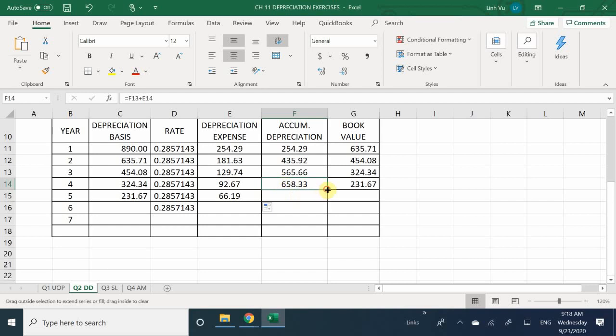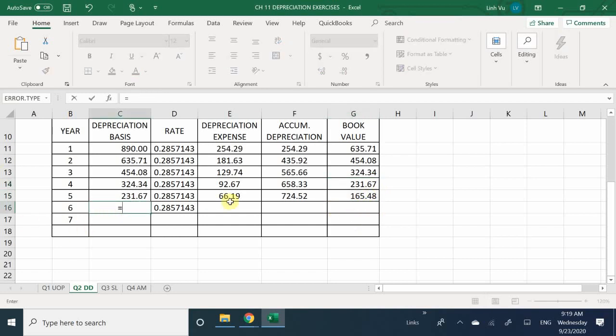So what is my accumulated depreciation going to be? 724.52. And lastly, what's my book value on year 5? I got 165.48. Good.